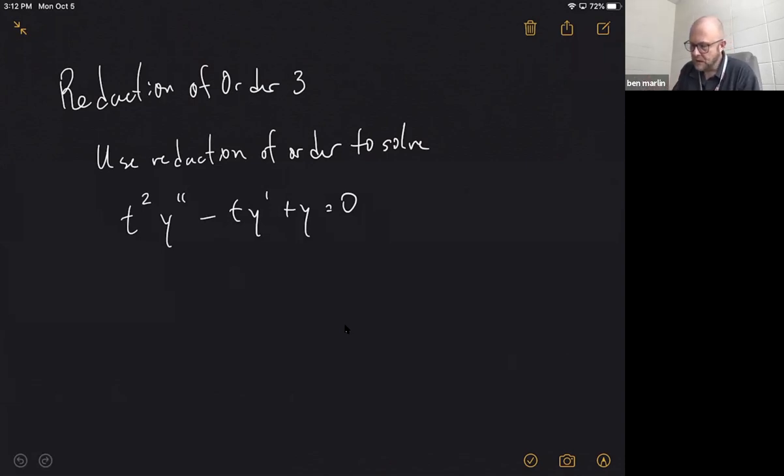So, all right, we're going to use the reduction of order technique to solve this. And because it is an equidimensional equation, we're going to say my y solution ought to be t to the r, y prime is r t to the r minus 1, y double prime is r times r minus 1 t to the r minus 2.